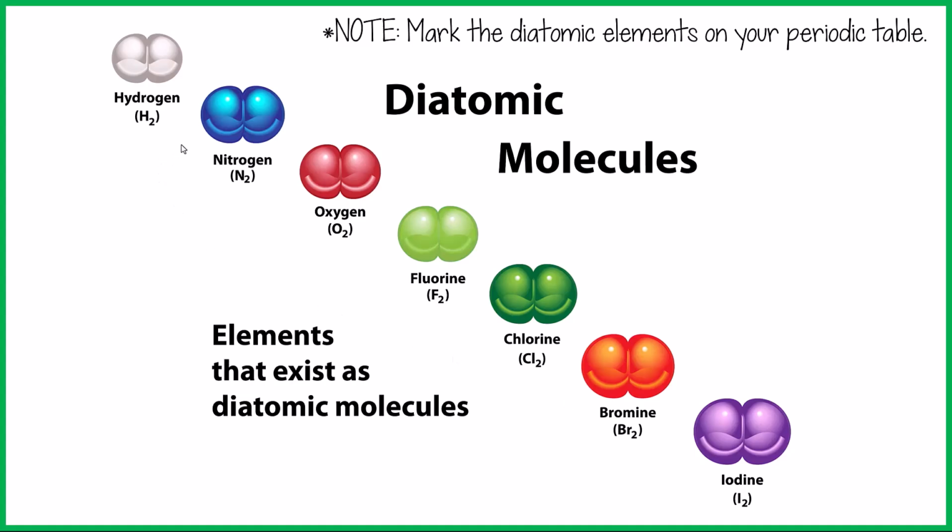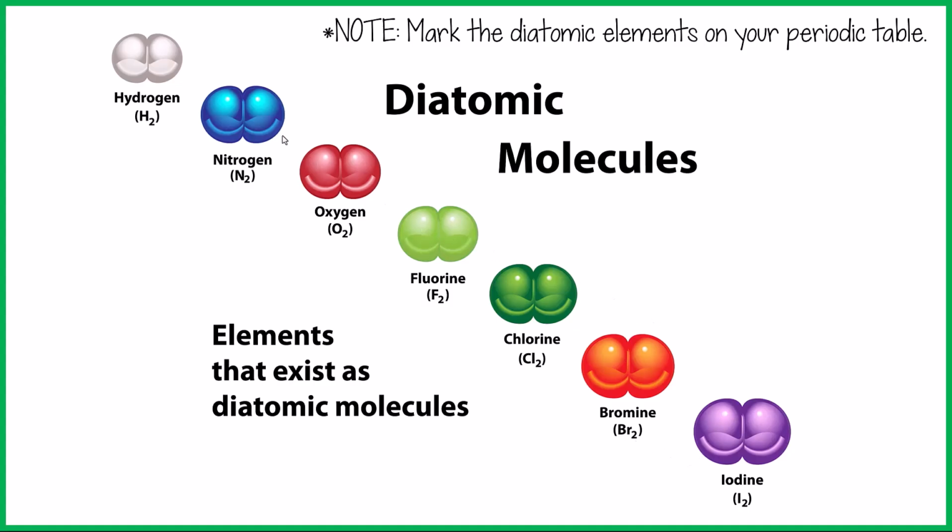And here are the types of diatomic molecules that exist naturally. We have hydrogen, H2, nitrogen, N2, oxygen, O2, fluorine, F2, chlorine, Cl2, bromine, Br2, and iodine, I2.